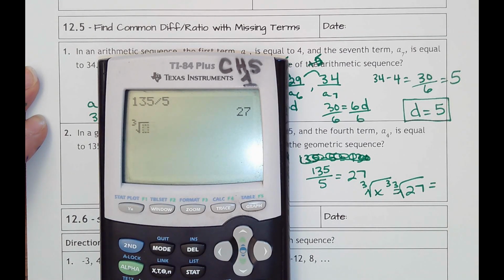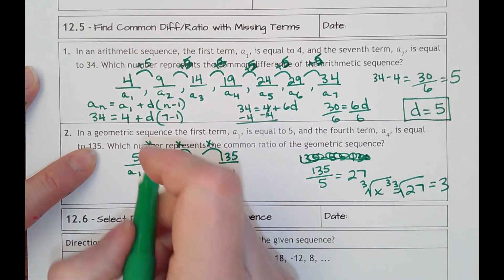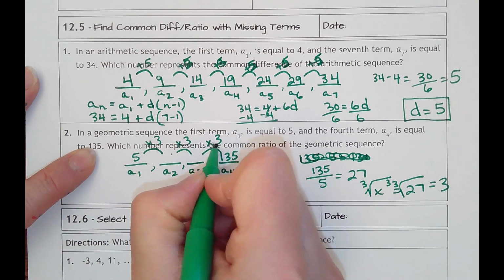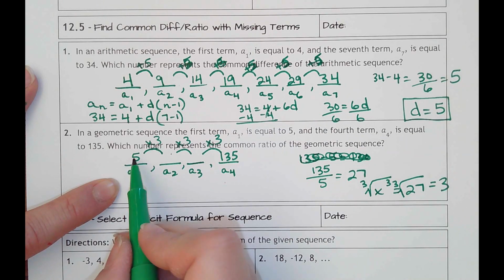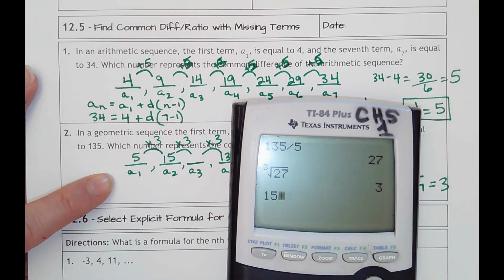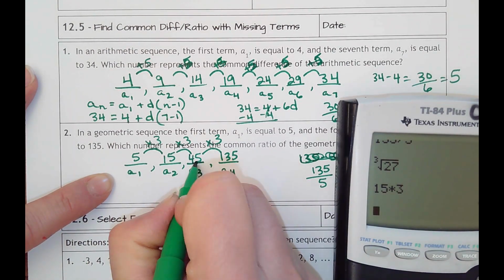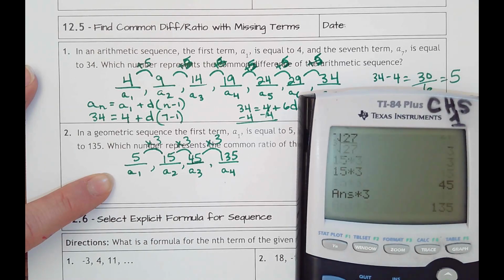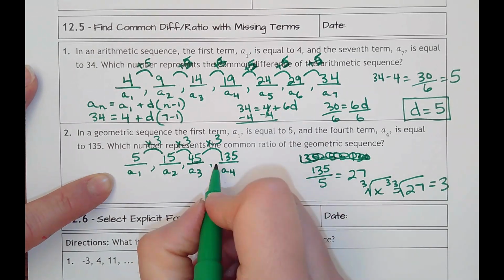The cube root of 27, it's also on my wall back there, is 3. 3 times 3 times 3 makes 27, and you could check it to see if it works. 5 times 3 is 15. 15 times 3 is 45, and 45 times 3 is 135. So it works.